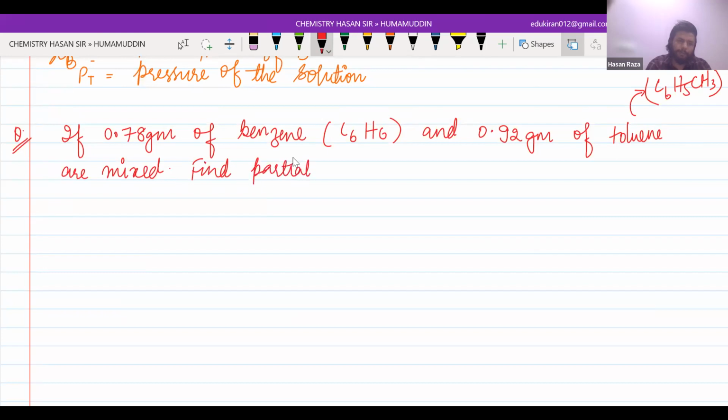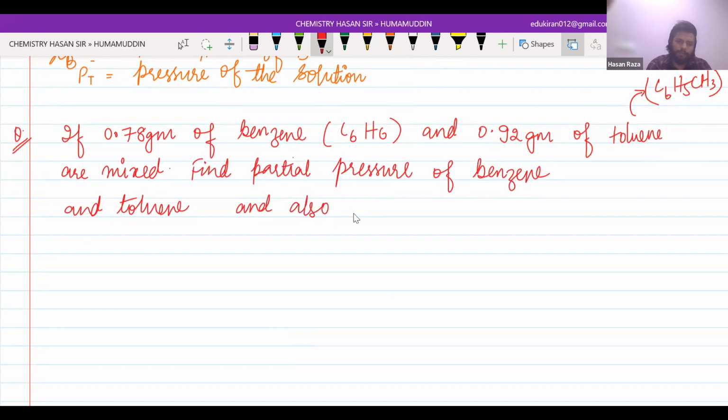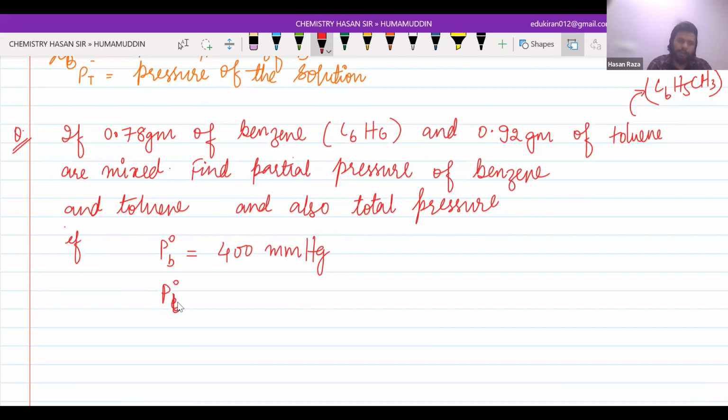Find the partial pressure of benzene and toluene, and also the total pressure, that means the pressure of the solution, if P naught B, that means the pure pressure of benzene, is given as 400 mm Hg and P naught T, small t, is given as 200 mm Hg.